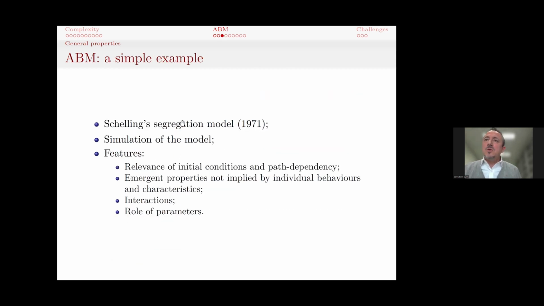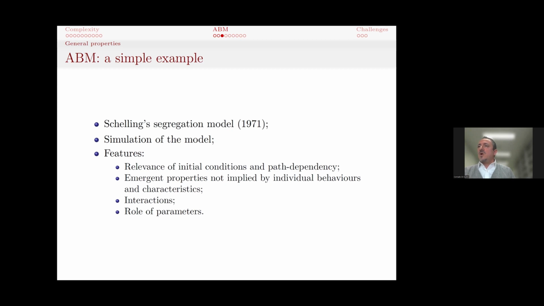So now I'm going to show you, I hope it works, a simulation of a simple model, which is Schelling's segregation model. The segregation model seems to explain why agents tend to cluster.